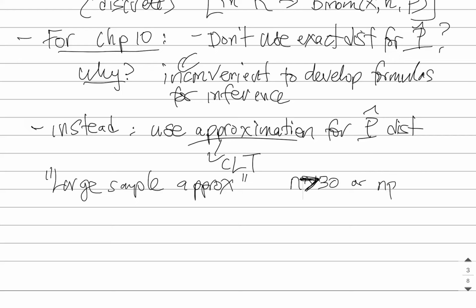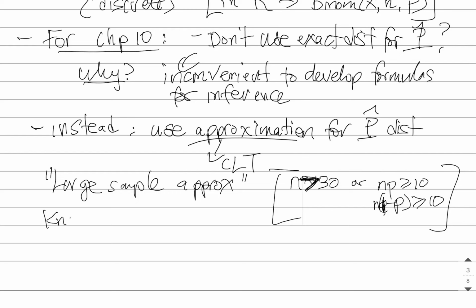Now, there were some other conditions in the textbook about when you can replace a binomial with what's coming up here, a normal. But either way, we are going to assume that these conditions hold.